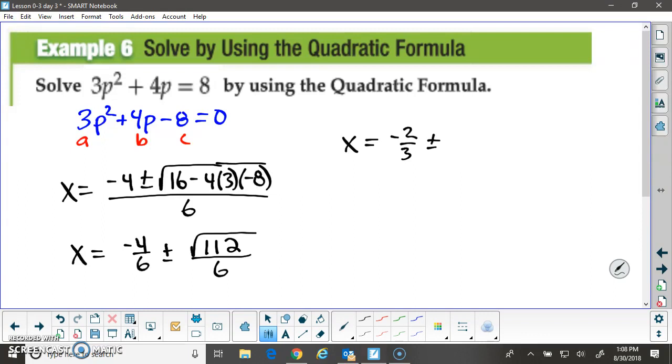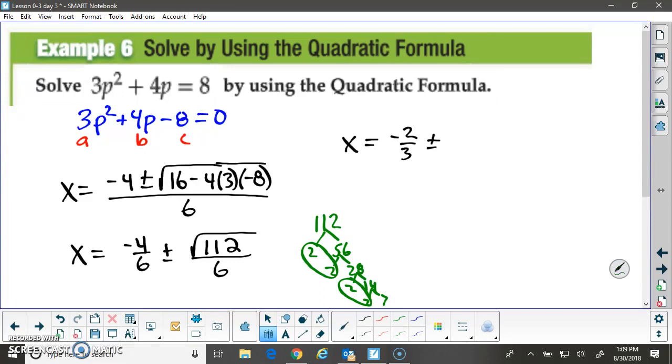Simplifying this, we'd have a negative 2/3 plus or minus, and then if we break down that square root of 112, I like to use factor trees. So if we do the 112, we break that apart, we got 2, we got 56, 2, 28, 2, 14, 2, and 7. So it looks like we could rewrite that as 4 times 4, or 16 times 7.